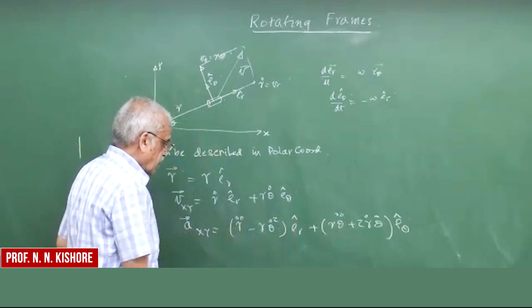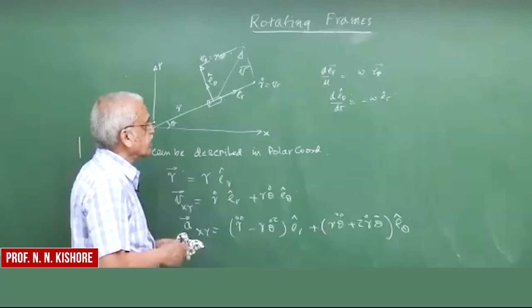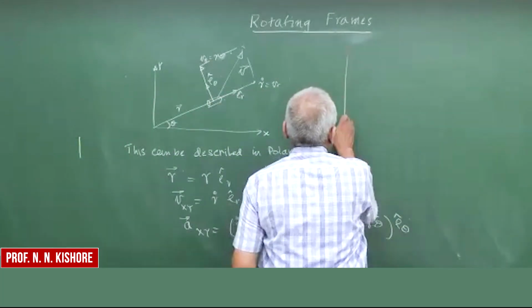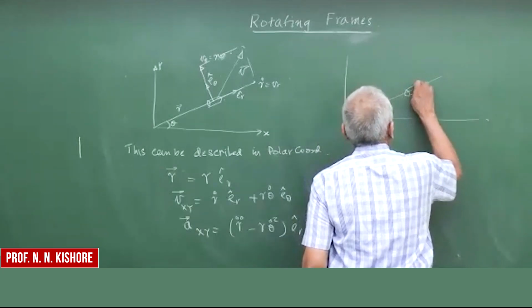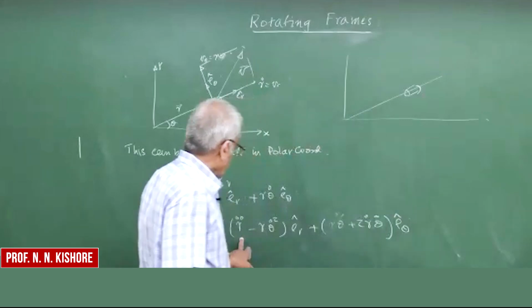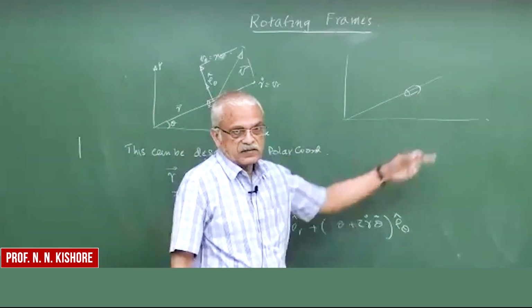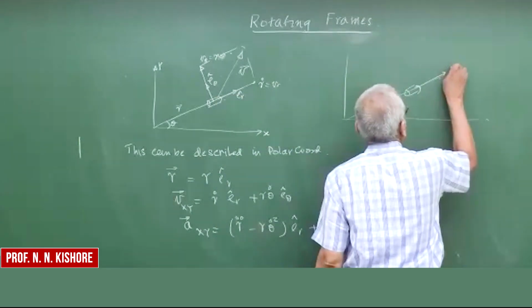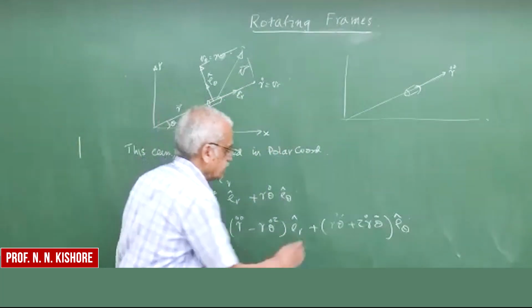So if you recall, this is R double dot. So what is R double dot? Can we make a parallel? R double dot is nothing but how R is changing, the second derivative of that. So that means R double dot in the direction of ER, right? Okay.